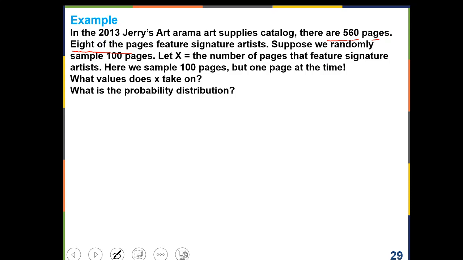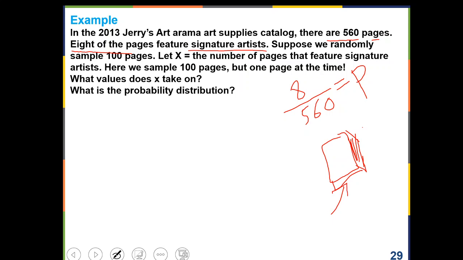So 8 out of 560, if you randomly open that book, the probability that you get a signature artist on the page is 8 out of 560. Now, if you randomly go to the book one time and look at it, no, it's not a signature artist. You close it, you go back again, yes, it is. You go back again, you close it, you go back.